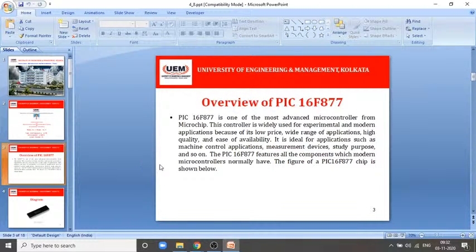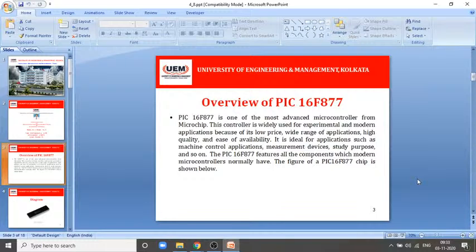First of all, we are about to discuss what is PIC 16F877. It is one of the most advanced microcontrollers from Microchip Corporation. This controller is widely used for experimental and modern applications because of its low price, wide range of applications, high quality, and ease of availability.